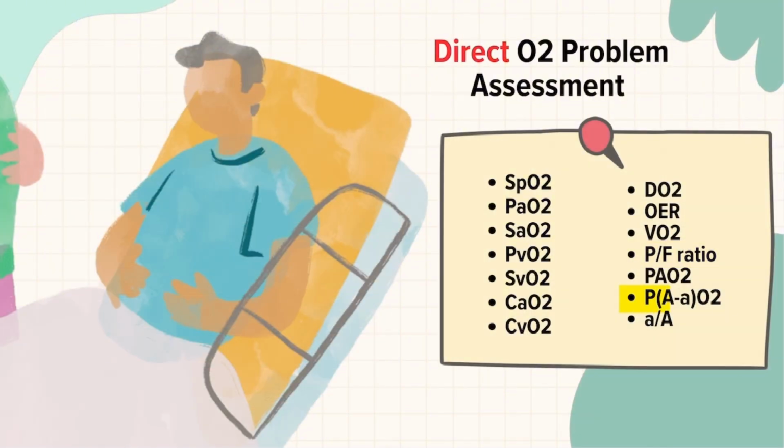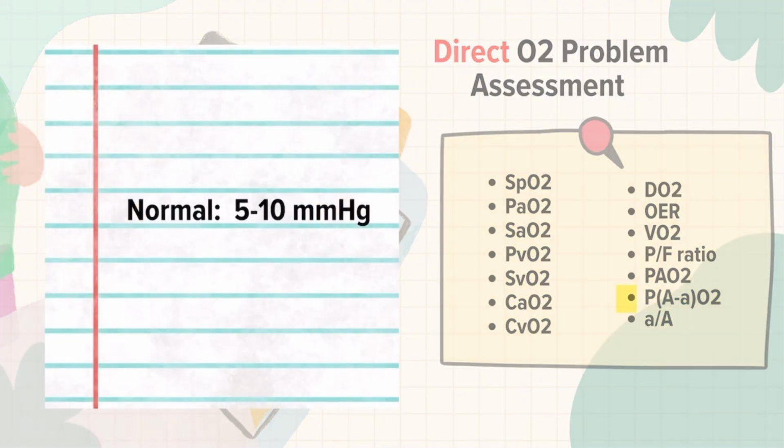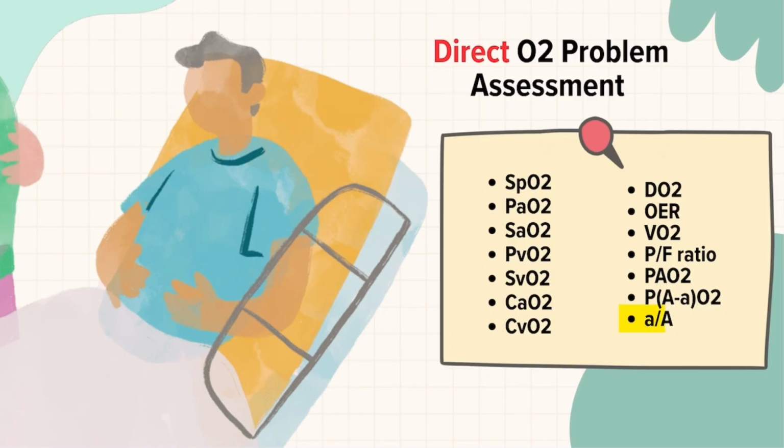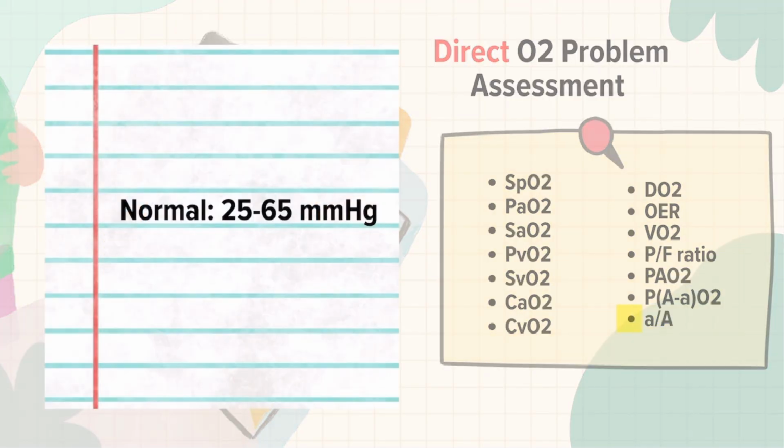AA gradient, the difference between expected alveolar oxygen and arterial oxygen, to help understand why hypoxemia is happening. Normal range 5 to 10 millimeters of mercury. 7. AA ratio is the fraction of oxygen that makes it from the alveoli to blood. Normal range 25 to 65 millimeters of mercury.